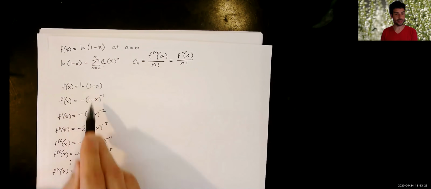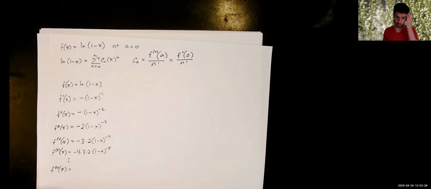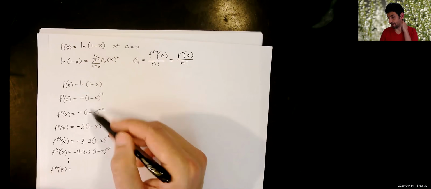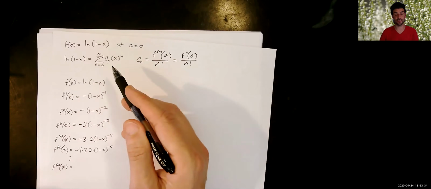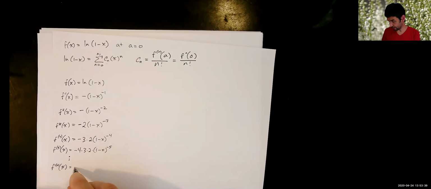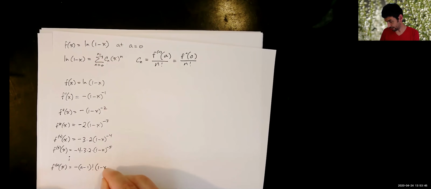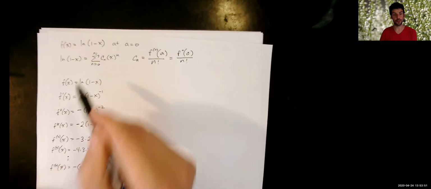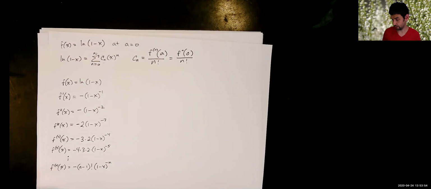This one doesn't quite line up with the pattern, so we'll deal with that one in a second. This often happens, especially with natural log. You get these patterns, but the first one doesn't quite line up because it's in such a different form. So what do we get? What this looked like was a negative n minus 1 factorial times 1 minus x to the negative n, right? All of these abide by this rule. The first one's a little bit different, okay?